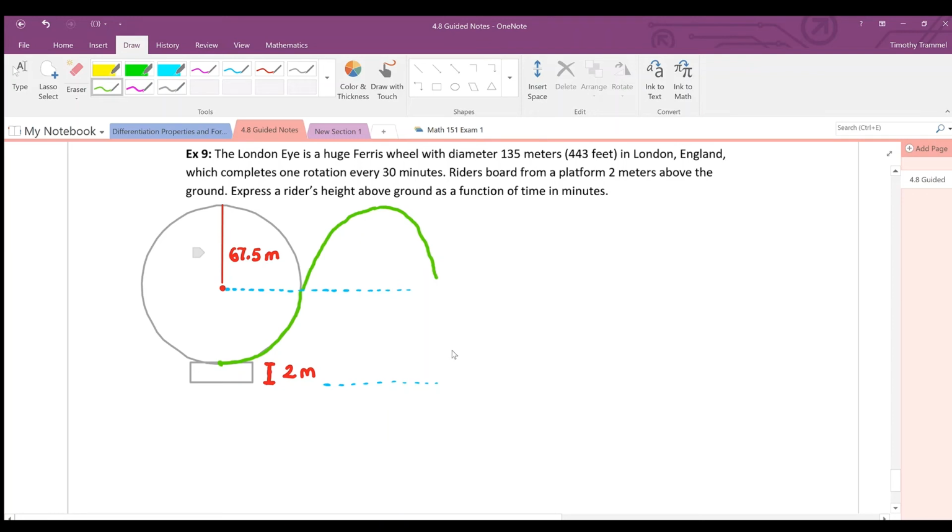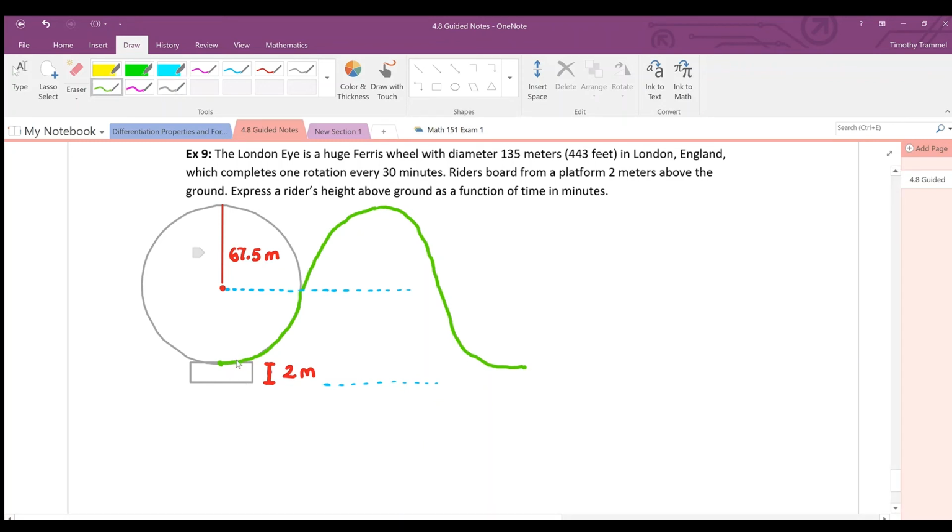Which means we technically won't make it down to the x-axis. Okay, right? Because we have that 2-meter platform.